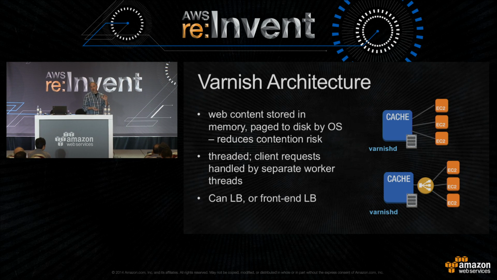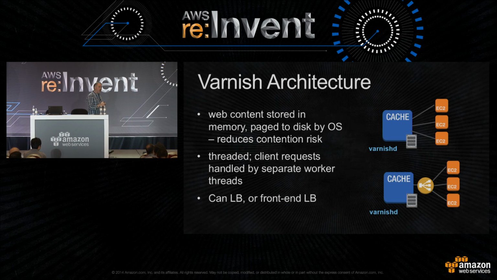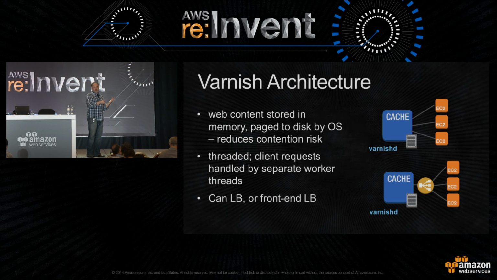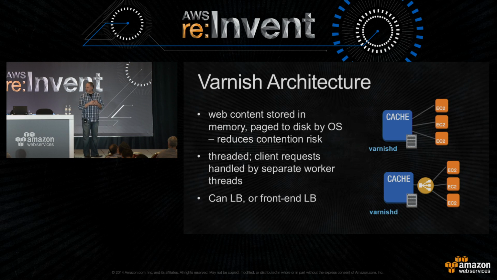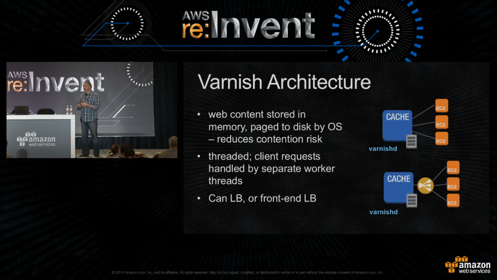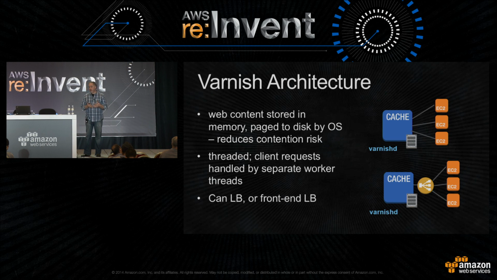And so you're going to see concurrency at scale. So one thing you want to think about if you're looking to use Varnish or a web cache in general, what's the concurrency factor? How many concurrent requests do I expect to process and service?